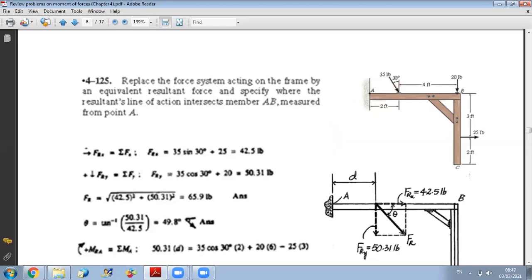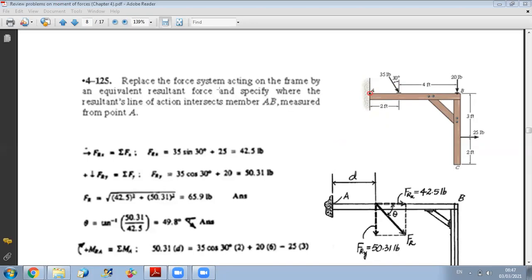I have a structure, I have several forces acting on it, and I want to reduce the system of forces to one single force. So as usual, the first step, I select a point and reduce my system at this point to an X component and a Y component.